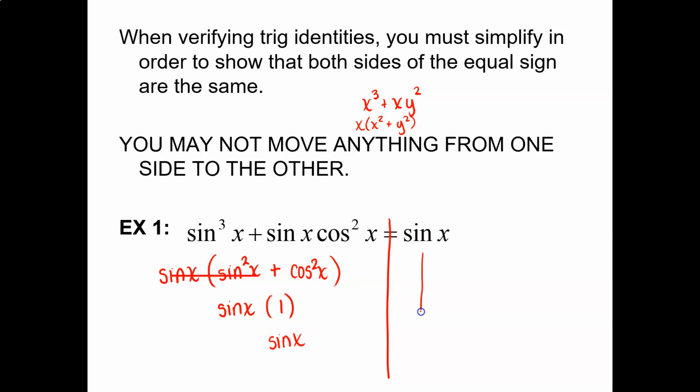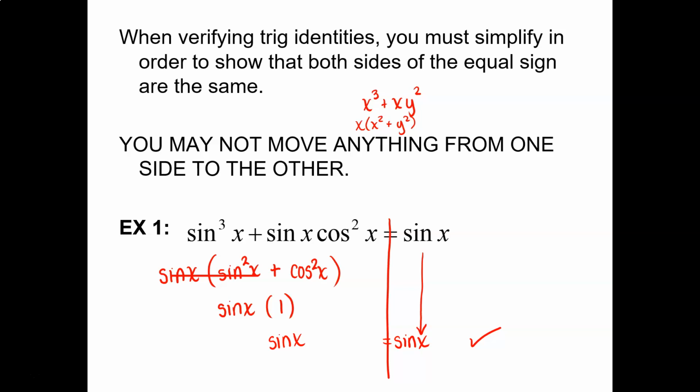And that equals what is on the other side. So you are done with this verification. So you've always got the answer. If you get down to the bottom and you've got the same thing on both sides and have not made any mathematical errors on either side, you know that you have done it right. If you don't get to what's on the other side, then you know you're not done.